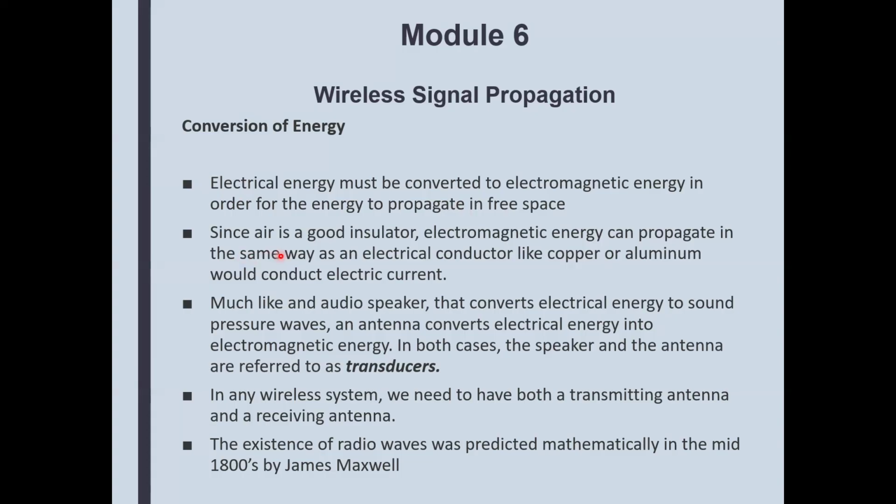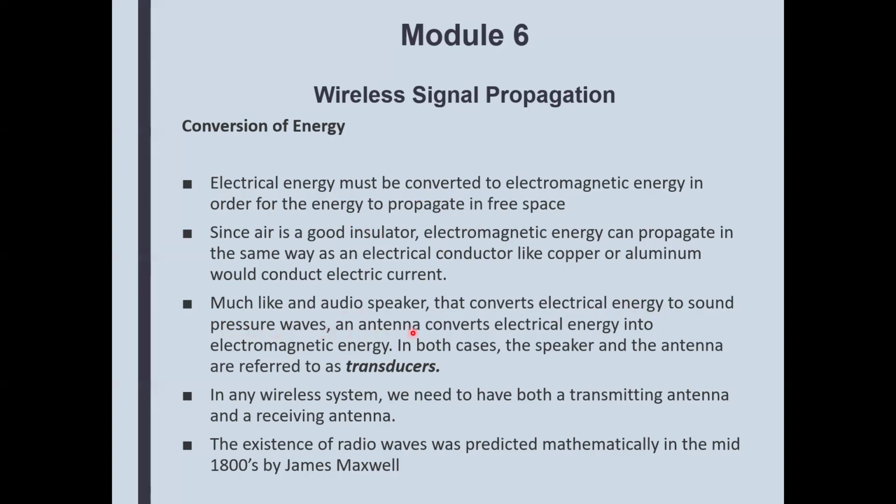Since air is a good insulator, electromagnetic energy can propagate in the same way as the electric current can travel through copper or aluminum. So, because the air is a good insulator, we can have the electromagnetic waves to propagate, to travel through, much like the audio speaker that converts electrical energy to sound pressure waves.